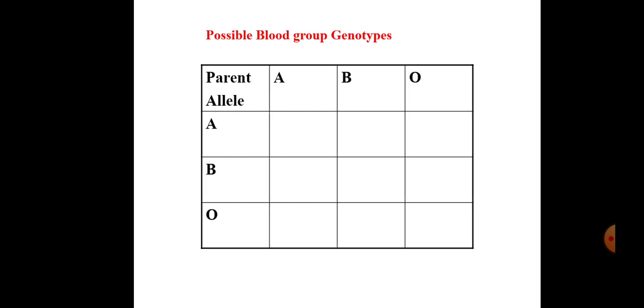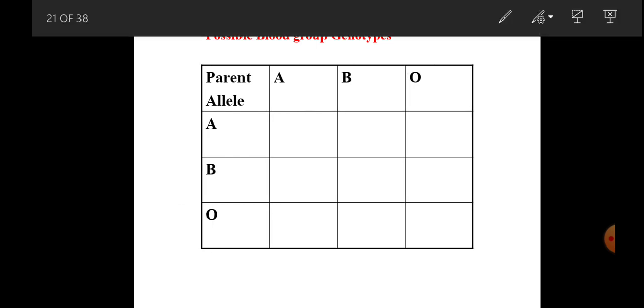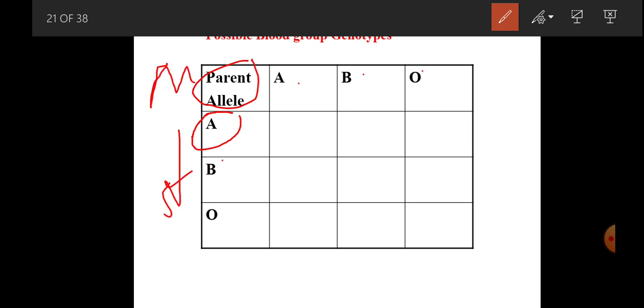If you look at how they are inherited, we shall have this. We have our parent alleles, and then they have the genotypes, in that order. If you have this parent, let's say this one is Mustafa and this going down is Sarah. Sarah produces A, the parent produces A, and we pair both A's. So one of the kids is blood group A. We can have another situation of AB. This is blood group AB because AB is codominant.